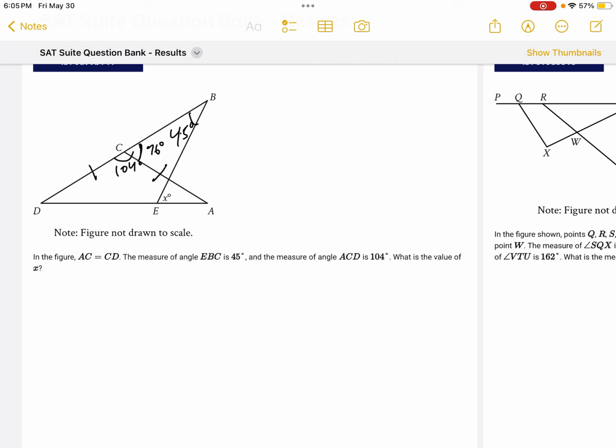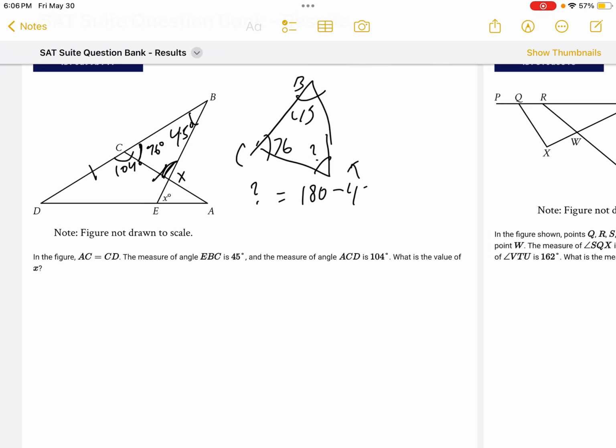And if we look at triangle, I'm going to call this point of intersection X. If we look at triangle BCX, this angle is 45, this angle is 76. We don't know this angle, but we do know that the sum of the angles in the triangle is 180 degrees. So the question mark angle is just 180 minus 45 minus 76. It's just 135 minus 76, and that will be 59 degrees.